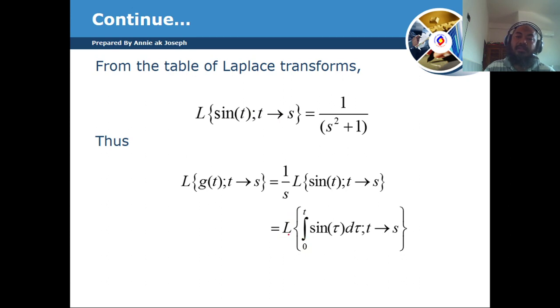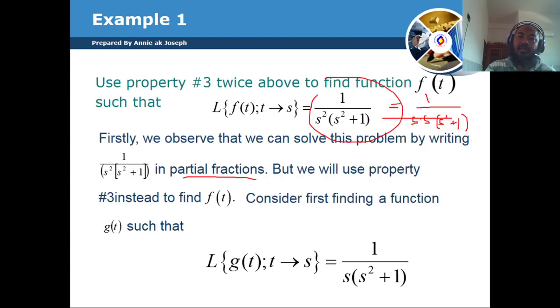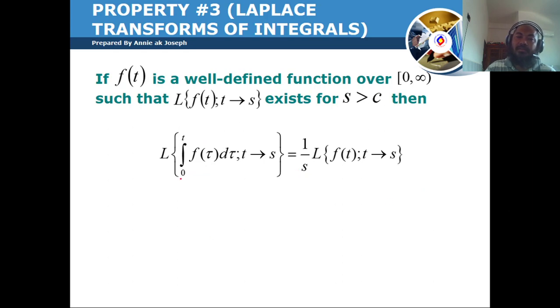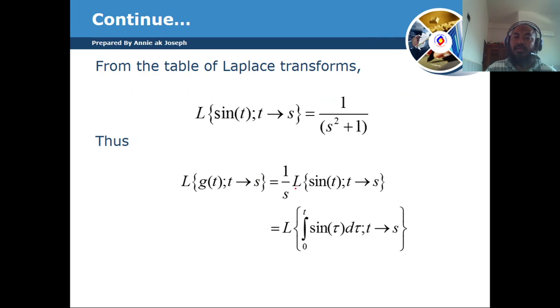You see there, 1 divided by s times the Laplace of a function, so it is equal to the Laplace of the integral from 0 to t of f(tau) d tau. So according to property 3, it is equal to the Laplace of the integral from 0 to t of sin tau d tau.